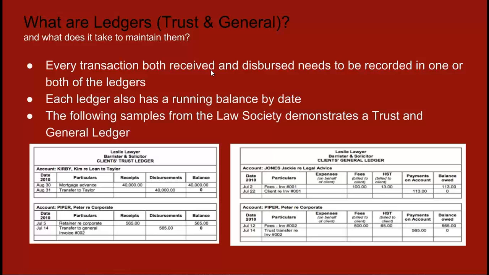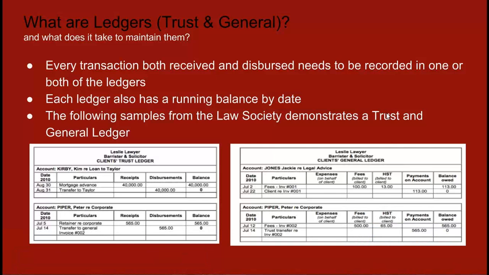Okay? So some of the commonalities that we've looked at, and we can do a deeper dive later, are that every transaction, both received as well as disbursed, will need to be recorded in one or both of the ledgers. Okay?